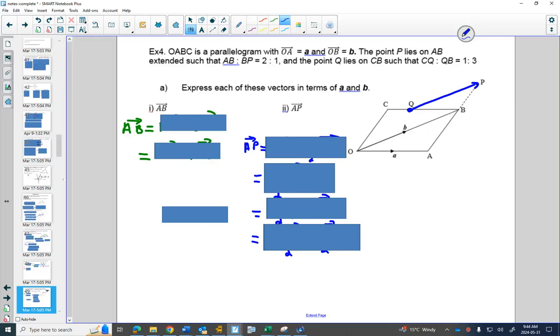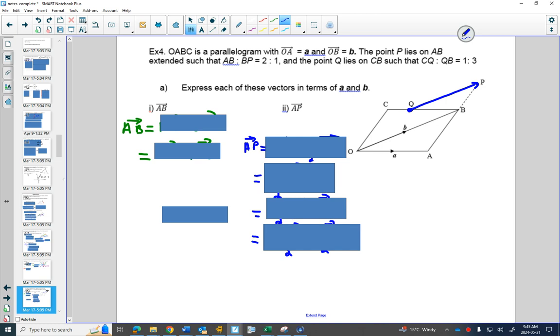Okay. So what do we have right now? We have a parallelogram, and we know that OB is a vector B, OA is a vector A. We know that the ratio of C to Q and Q to B is 1 to 3.